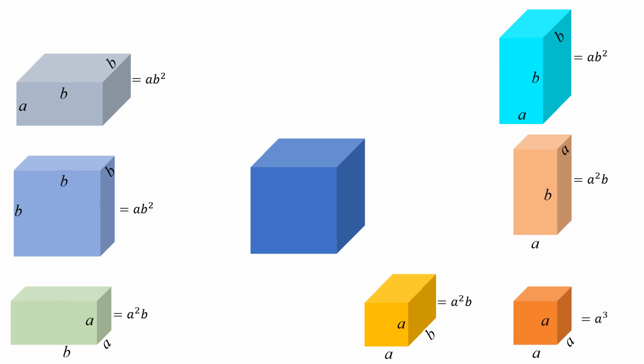So it is b cube. You see this one, b cube. And actually if you compose all of these rectangular parallelepipeds with this cube, you will get the main cube we considered earlier.